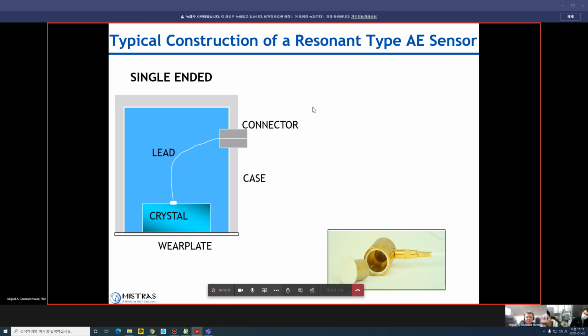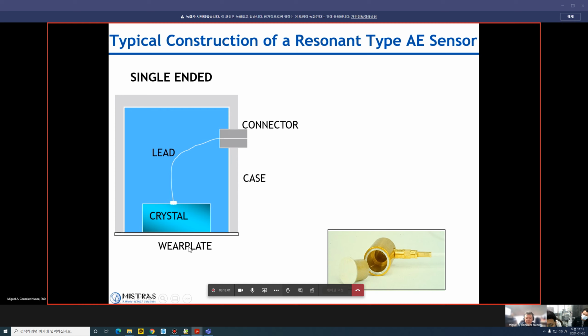And this is the schematic of the sensor. You have the crystal, the piezoelectric. Then what you see is the wear plate, which is a ceramic material. In between the crystal and the ceramic material, the crystal is grounded and it's isolated from the external contact. So the magnetic field doesn't affect the performance of the piezoelectric.